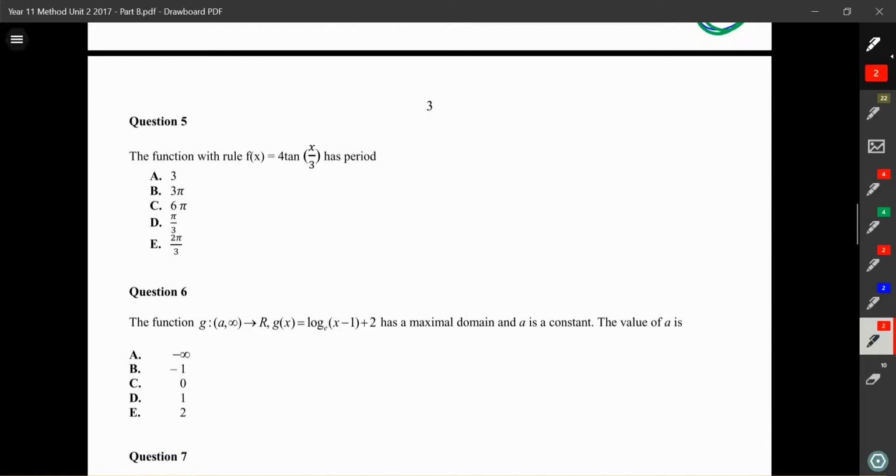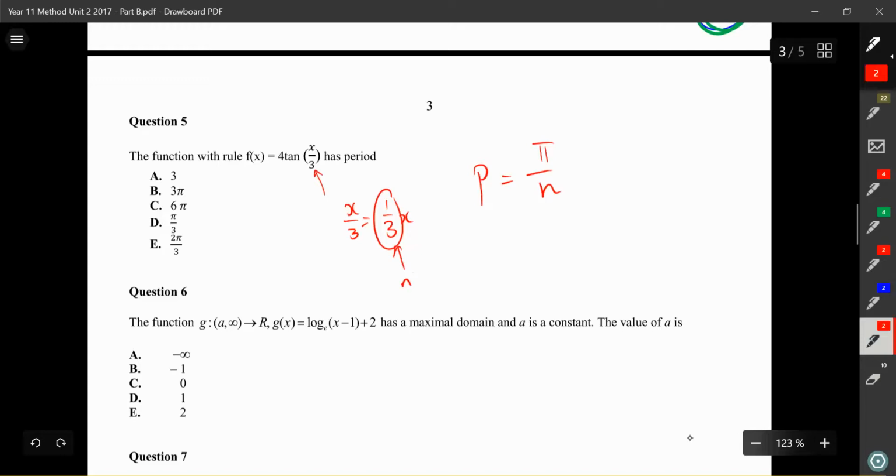Okay. Question 5. Find the function with the function has a period. It's a tan graph. Remember, the period for a tan is not 2 pi. It is pi on n. And our n value, be careful here, x on 3 is the same thing as writing 1/3 x. So the number n is equal to 1/3.